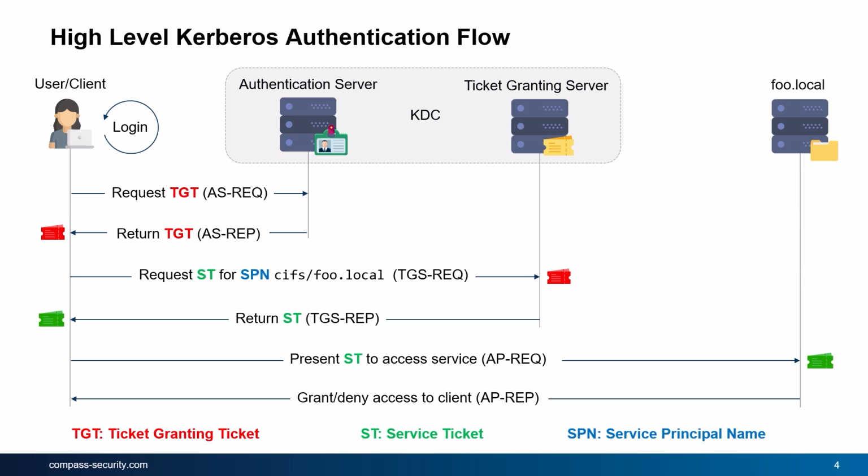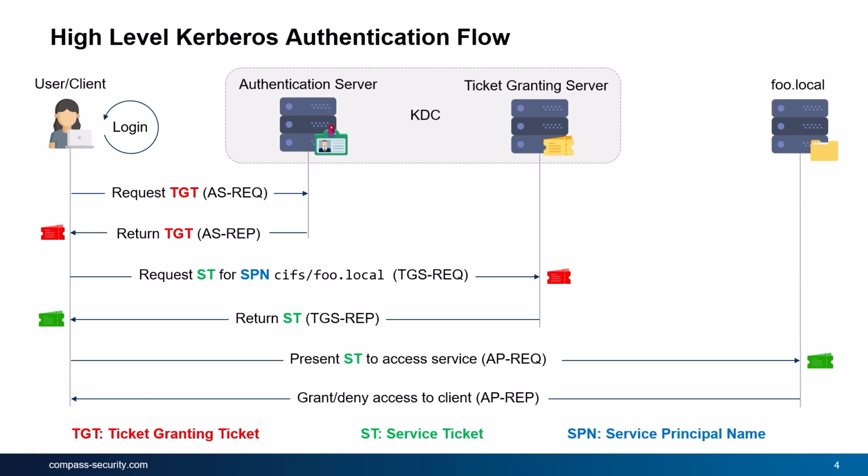Now remember that this part of the Kerberos flow, where we request a service ticket for a specific target service, we can do no matter whether we have the correct permissions or not to access this service. That is not evaluated by the ticket granting server or the KDC.